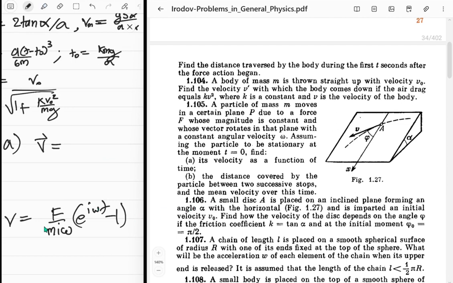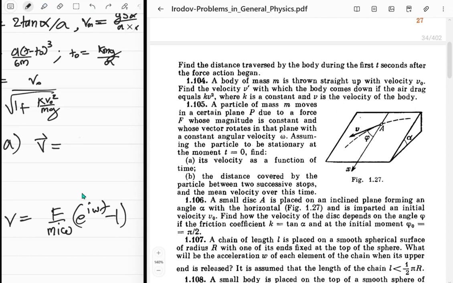In fact, this space will be different and whatnot. So you cannot even use f times something. No, that's not doable. F e power i omega t, that is the force, the vector, but then that minus f. So that makes no sense. You just have to write it like that.